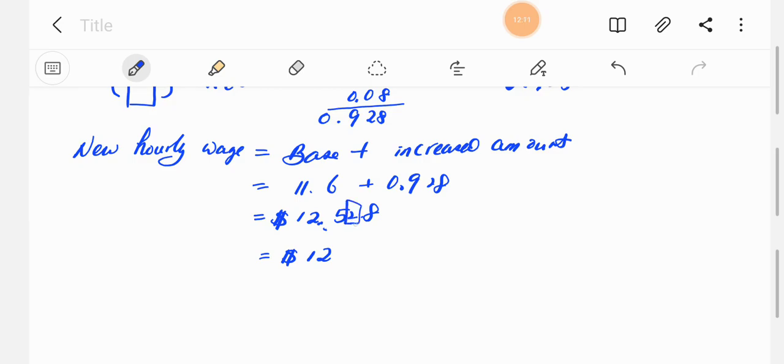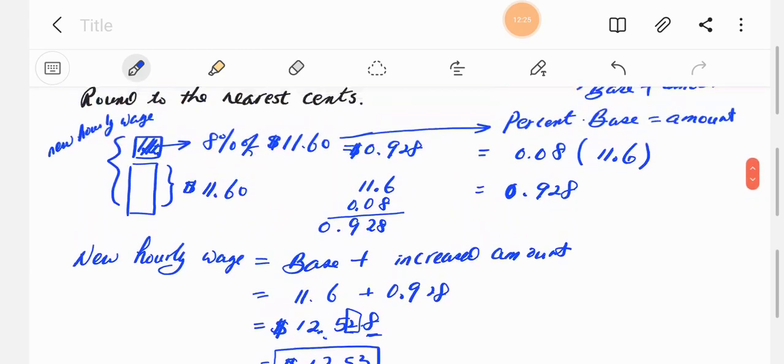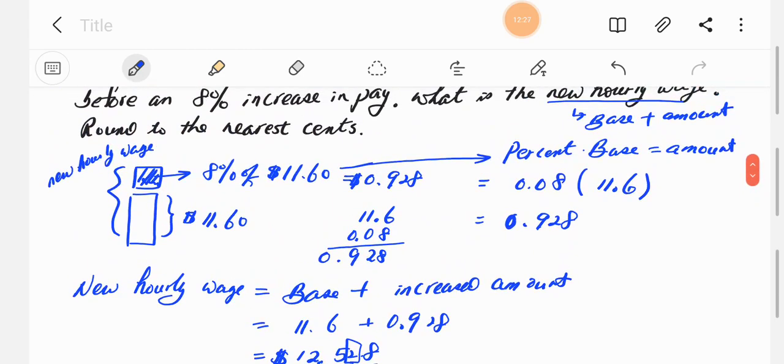And this will now be 5.3, right? Because 8 is greater than 5. So the new hourly wage is $12.53. Okay, sorry for the mistake because I made wrong numbers, right?